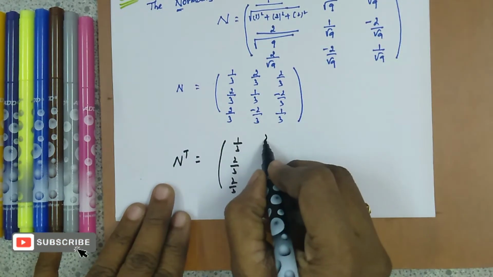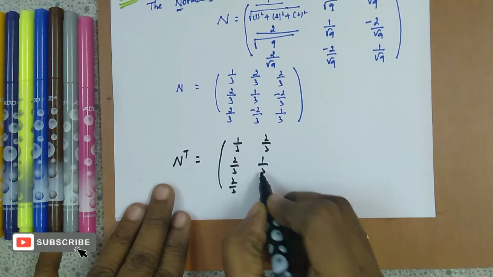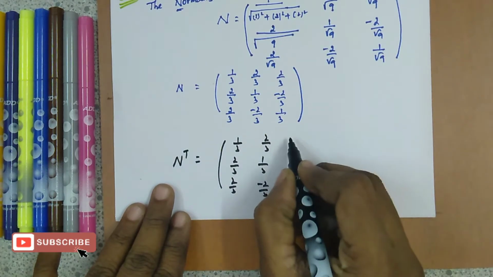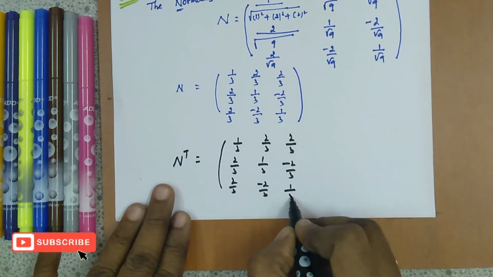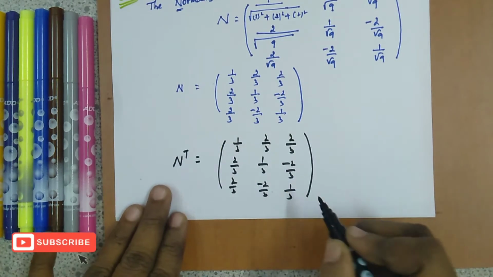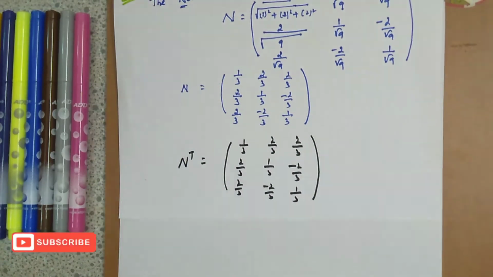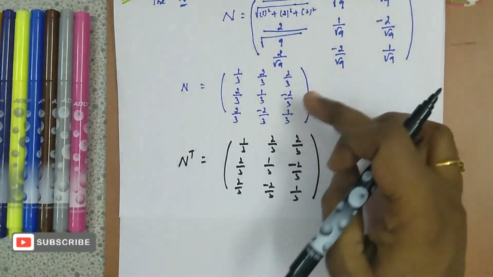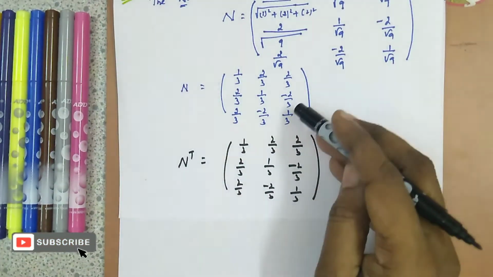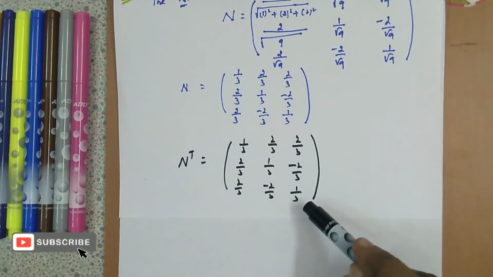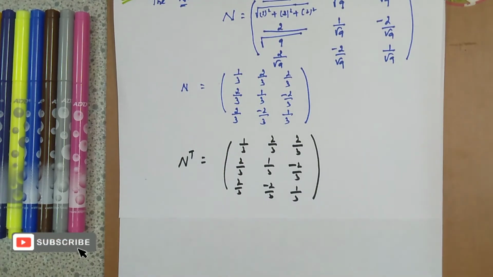Then the second one 2 by 3, 1 by 3, minus 2 by 3. Then the third one 2 by 3, minus 2 by 3, 1 by 3. This is the N transpose. Look at this N and N transpose. In both the matrices we can take 1 by 3 outside commonly.